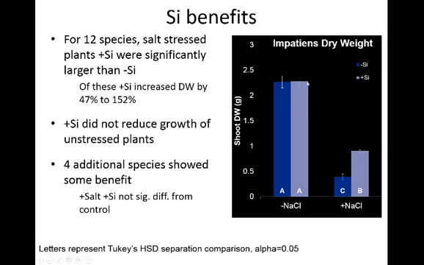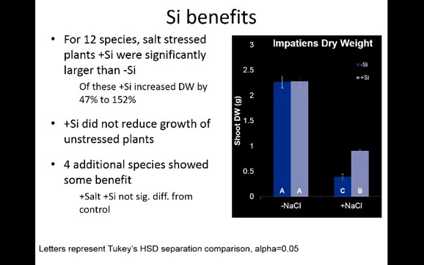However, they were not as big as our plants that received no salt stress, but it did help improve salt stress tolerance to some degree. We also found that adding silicon did not reduce the growth, measured in dry weight, of any of the unstressed plants.